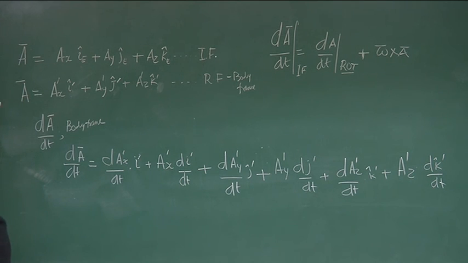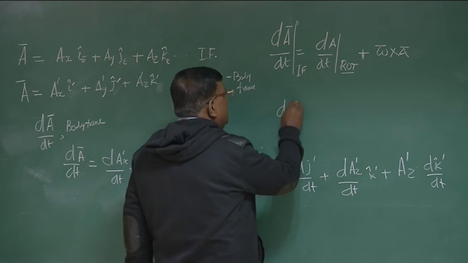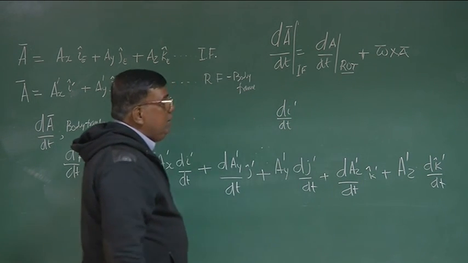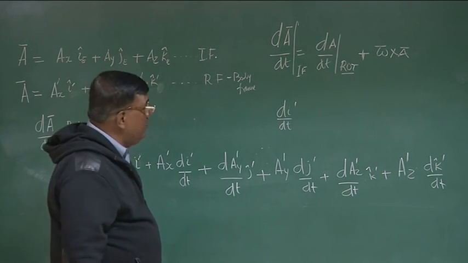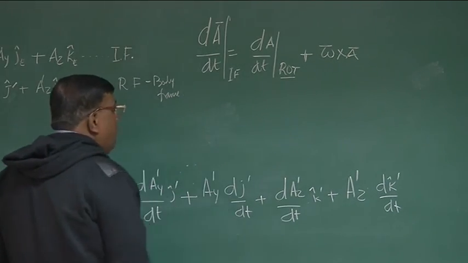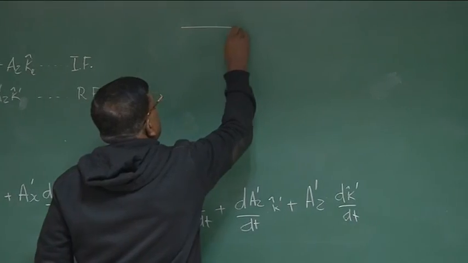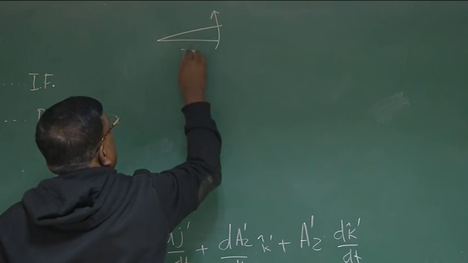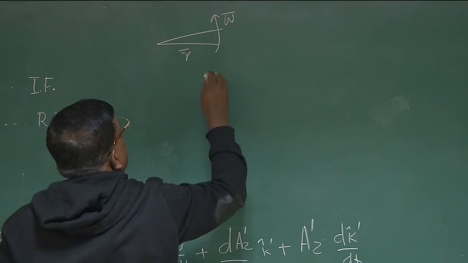Okay, now see, you know that I cannot write dI prime by dt or dJ prime by dt or dK prime by dt as 0, because the vector is changing, the direction is changing. The question is, how do I find out this derivative? Okay, very simple. Let's say this is a circular motion, this is an r vector, and it is rotating with omega.